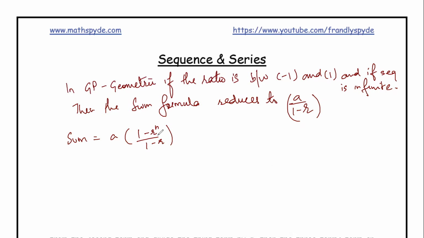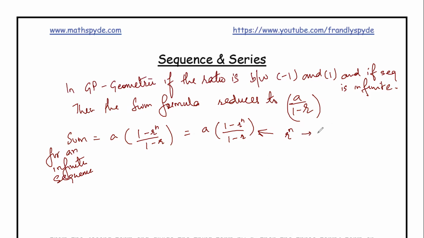So now, the sum for an infinite sequence, provided the ratio is between -1 and 1. If the ratio is between -1 and 1, it's a fraction, so any fraction raised to n becomes negligible. So here r raised to n is negligible. Therefore, it becomes a upon 1 minus r.